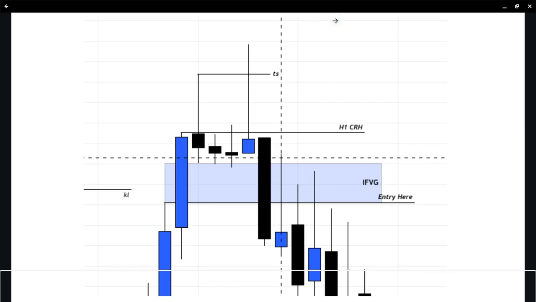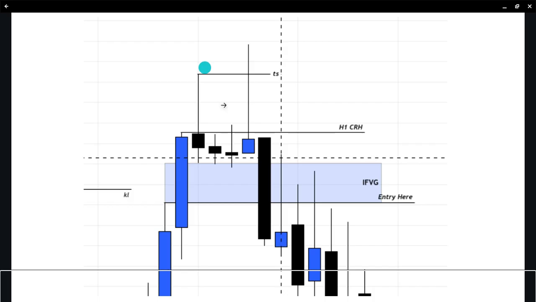I want you to pay attention, everyone, and make sure that you're listening to every single thing which I'm saying. If this FVG was not flipped and it was respected, you would have seen another purge over here, and then this FVG would have turned into an IFVG and there would have been a breaker. But since it has formed an IFVG already, there was an SMT with the correlated pair over here.